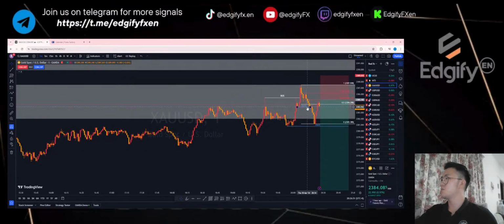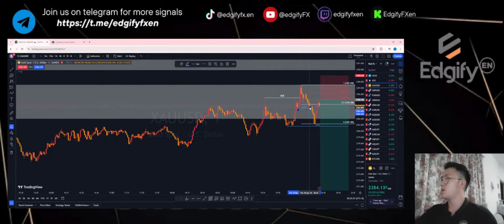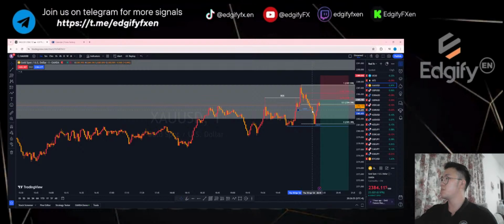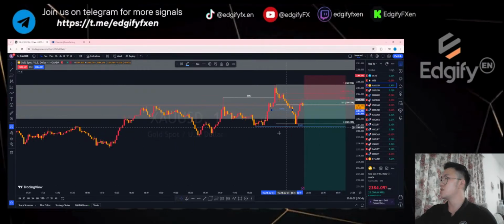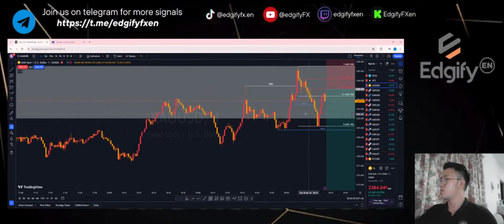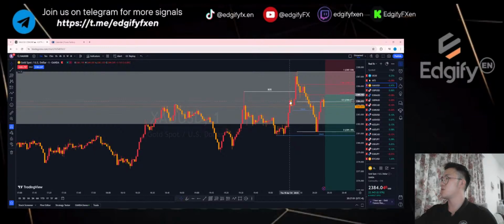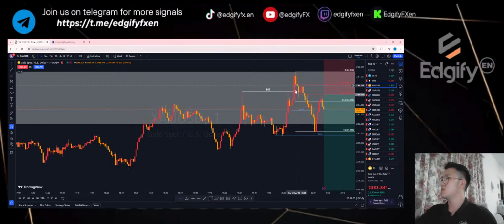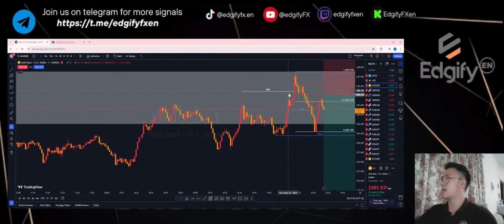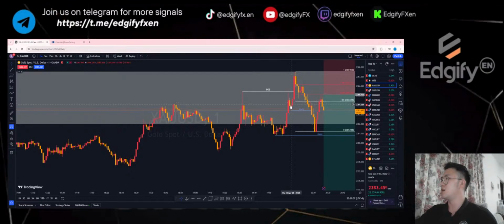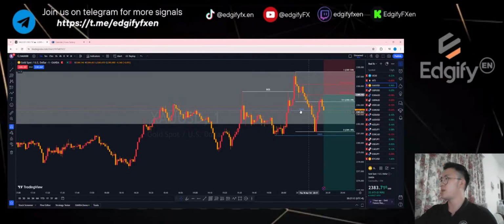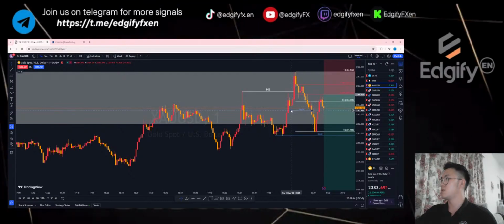Why do I have one here is because this is a little bit more aggressive entry, if you're willing to take the risk. Because this is the last candle before breaking the high, this is the last bearish candle. So with this break and it comes back, we need the low to be taken out here.